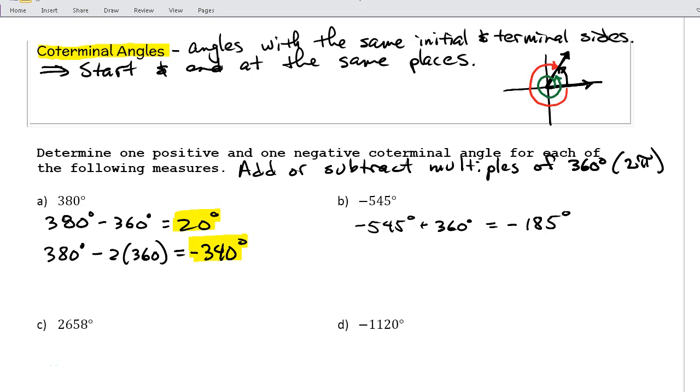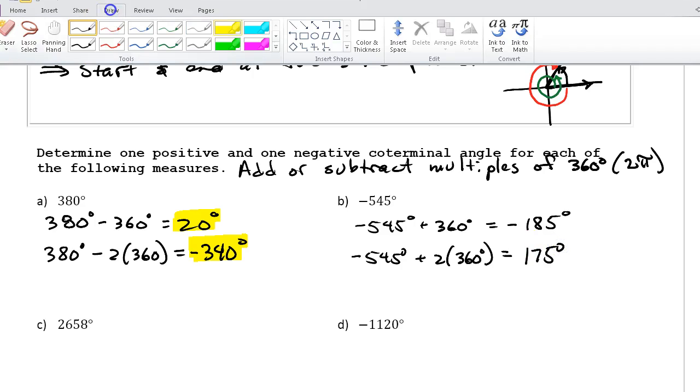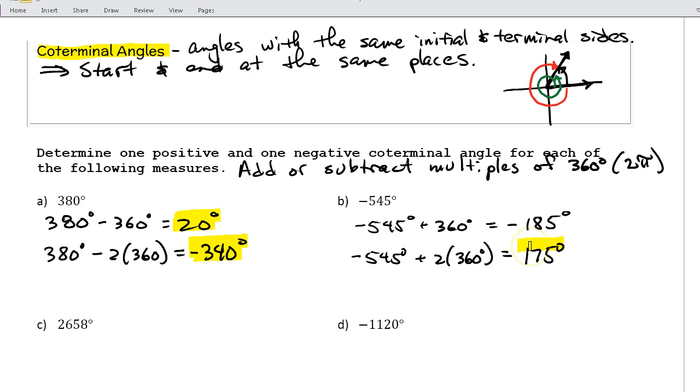So we added 360 once, and we still have a negative coterminal angle. So let's try adding 360 twice. So now negative 545 plus 2 times 360, and that will give us 175 degrees. And now we have our positive coterminal angle and our negative coterminal angle.